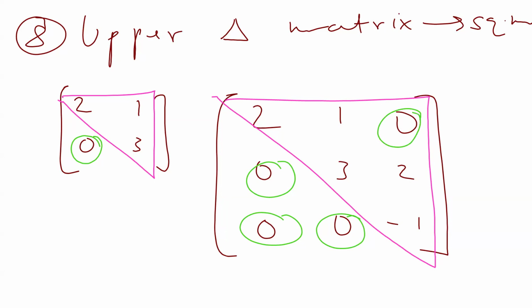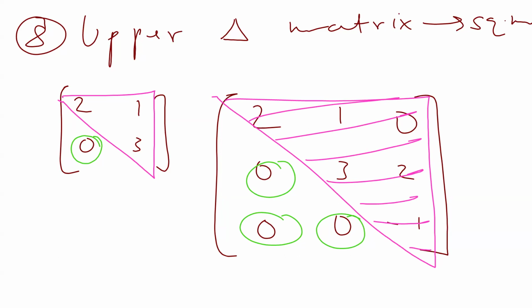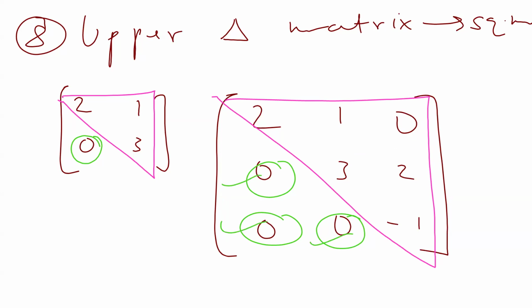See, this is also zero. So what I'm saying is, only the pink colored part, that triangle you focus on, in that pink colored part, let it be zero or non-zero. Okay, sir, understood. But those bottom zeros, these three are supposed to be zeros.